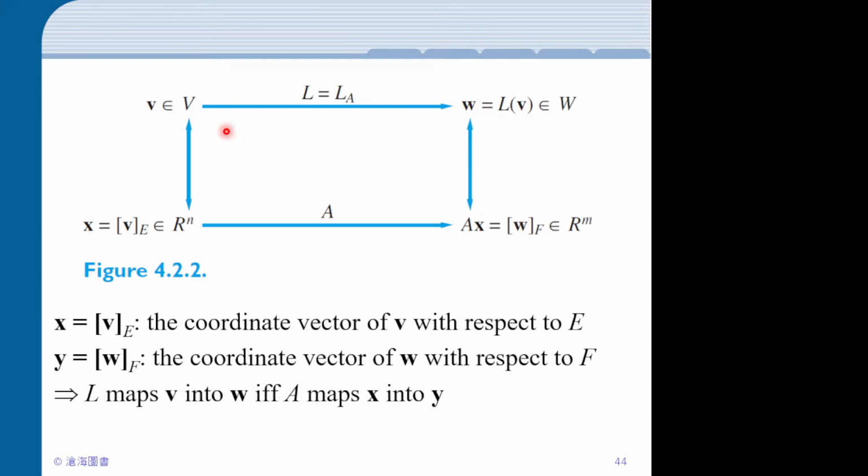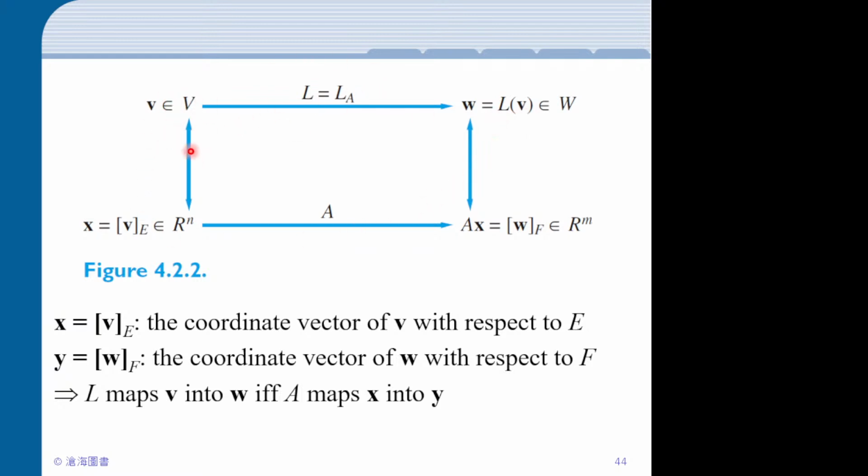Here we have seen a very simple example of representation theory, where we have a vector space V and a vector space W. Well, not really arbitrary, they are finite dimensional vector spaces. And we also have a linear transformation between them.